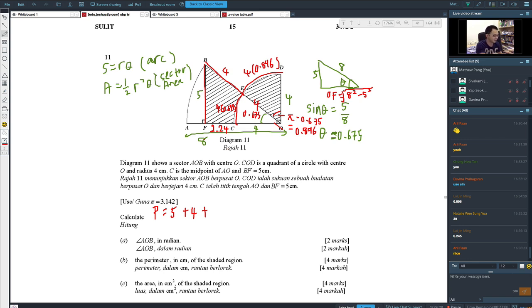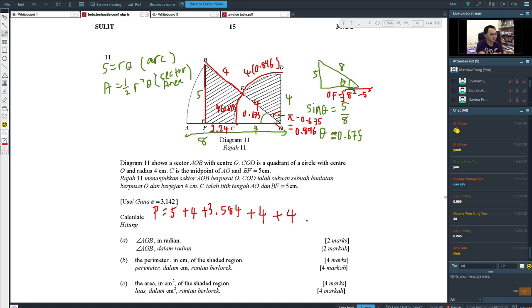Then plus this one is 4, plus OE is 4, plus this one is 4 multiplied by 0.675, which gives 2.7, plus the bottom one 2.24 plus 2.24.